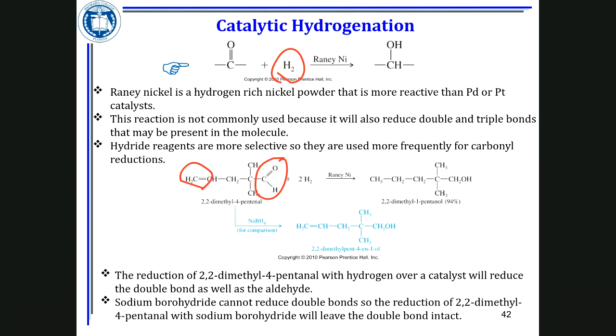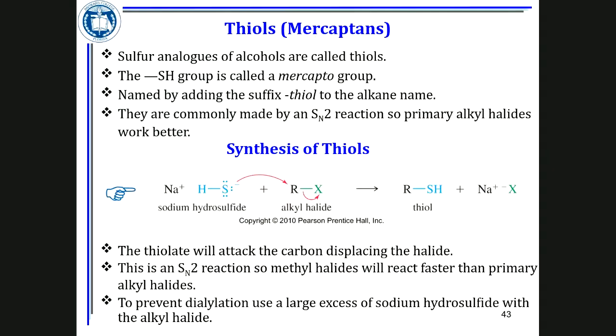If you want to maintain the carbon-carbon double bond, you have to use sodium borohydride, because it's going to reduce the carbonyl, but it's not going to touch the C=C double bond. So you have to learn what the reducing agents are and when to use which one in order to make alcohols.